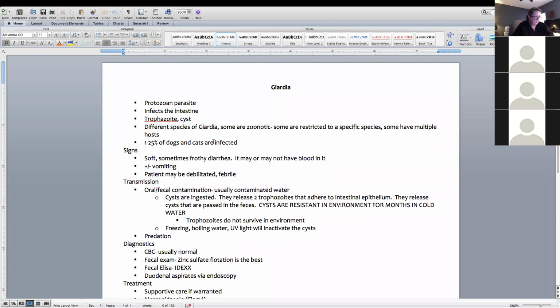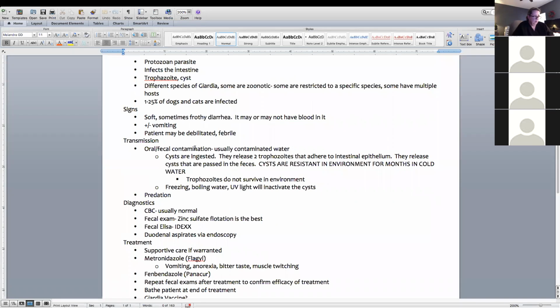But what we're looking for is an oral fecal contamination, usually via standing water. So if the dog has been swimming in a pond, drinking from a puddle, or drinking from something outside that holds water, they ingest the cyst form, and that is in the intestine, and then the trophozoites attach to the intestinal wall, but then they shed the cyst.